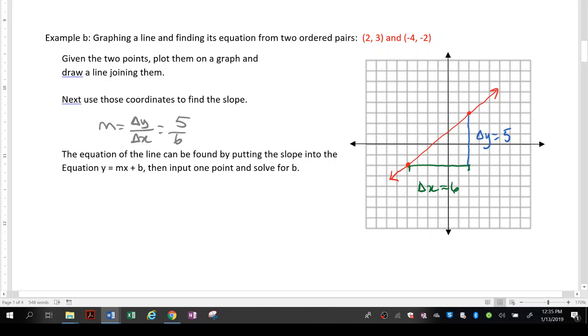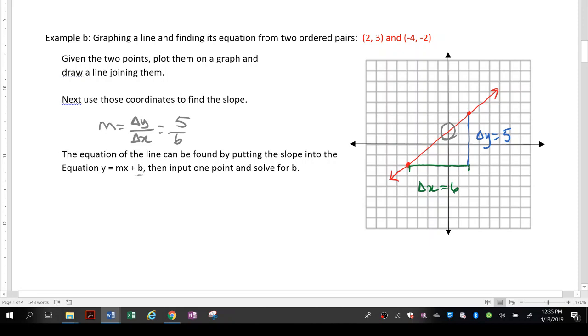We also need to find our value for b, and this is the point here where this line crosses the y-axis. Now here it looks like it crosses somewhere around 1. We're just going to verify that here.